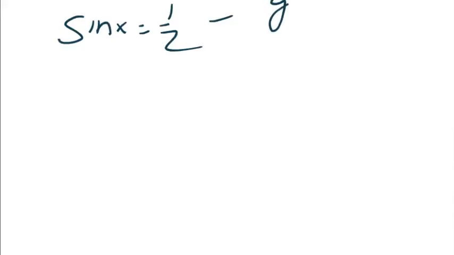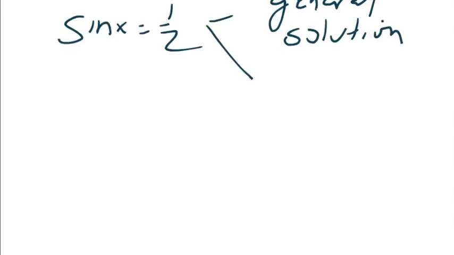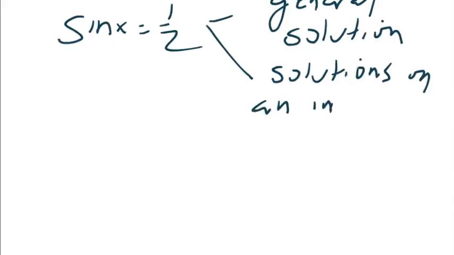So when solving a trigonometric equation like sine of x is 1/2, there are two different types of solutions that you may be asked for. The general solution, or solutions on an interval.